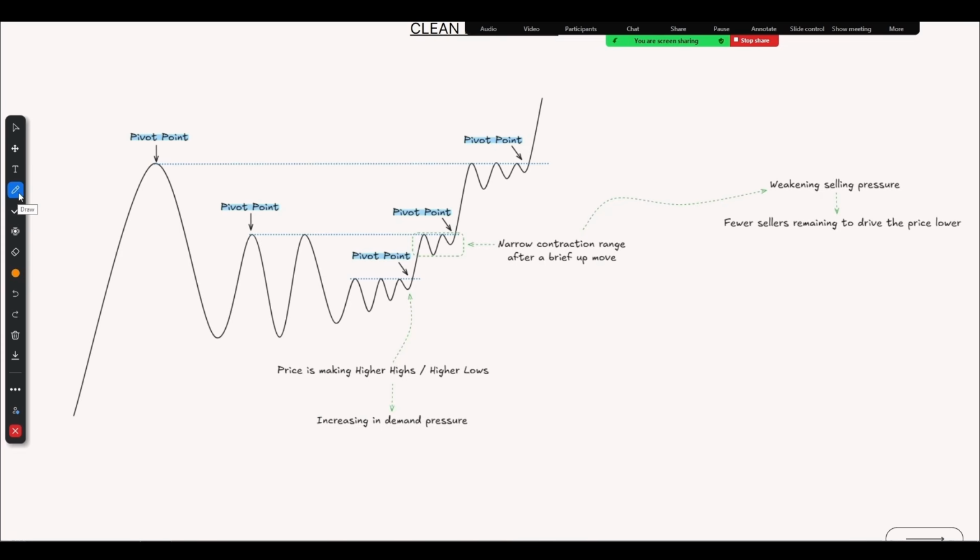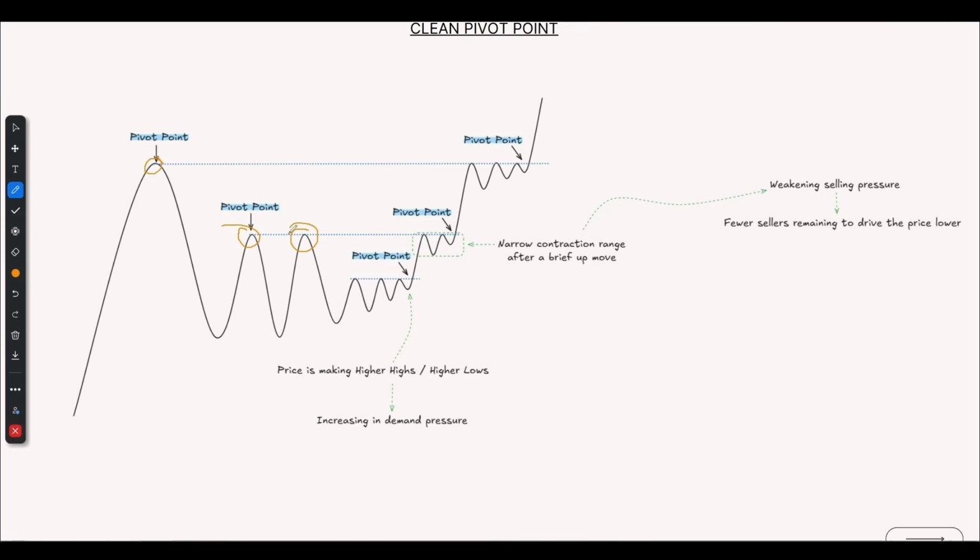A clean pivot point should have clean resistance or supply points, meaning that there should not be volatile highs like this present in any type of structure that we are analyzing or are about to analyze or keep in our watch list.